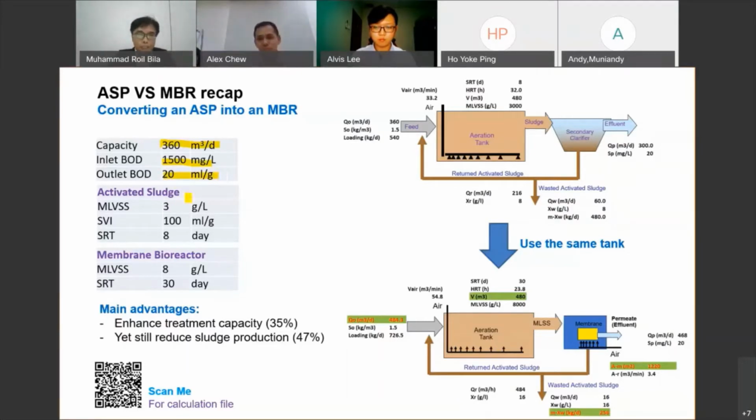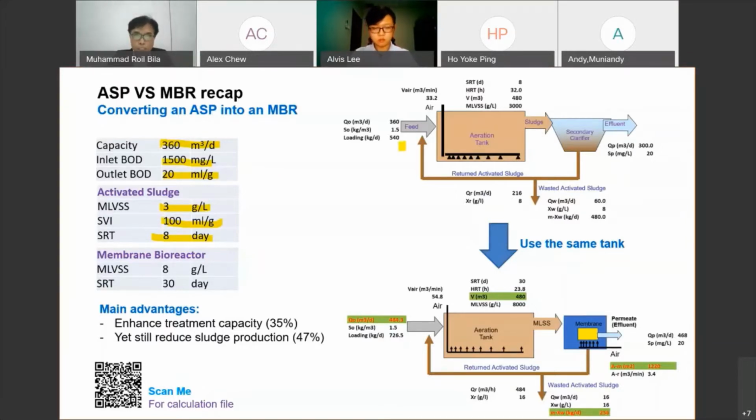And then I operate the system using the conventional activated sludge. We operated at MLVSS of about 3. I have a perfectly good sludge, so it has good settling properties. We have 10 milliliter per gram for the sludge volume index, SVI. And then the sludge retention time is about 8 days. Basically, these parameters are all good if you run an activated sludge process.